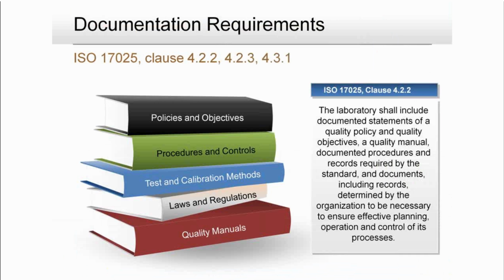Clause 4.9, control of non-conforming testing and calibration work. Basically here, the lab shall find the root cause of all non-conforming work produced by the laboratory. And 4.10, which I talked about earlier, is continual improvement. The lab shall continually improve the effectiveness of the management system.